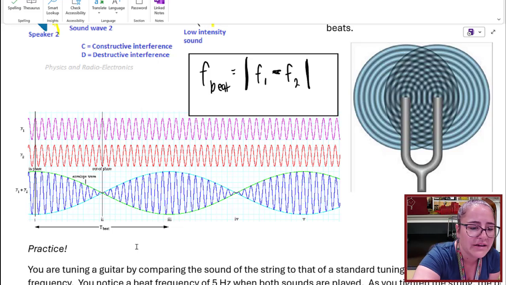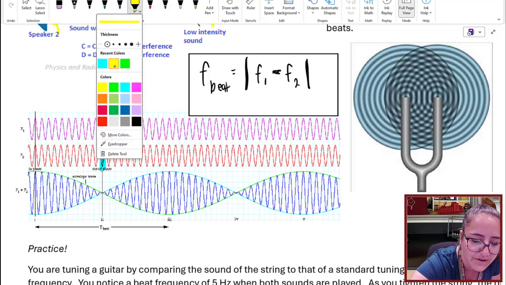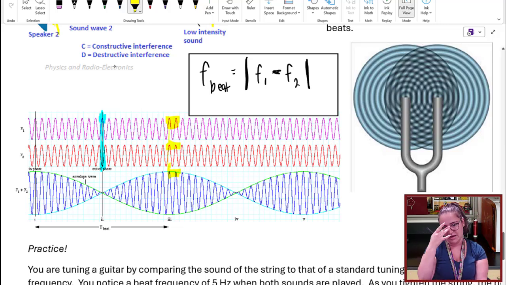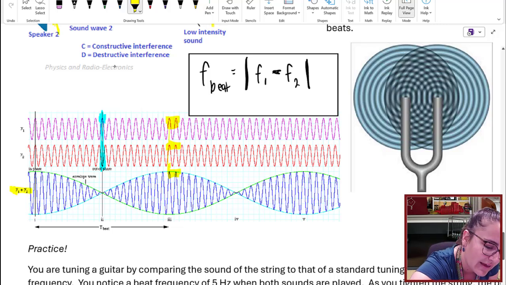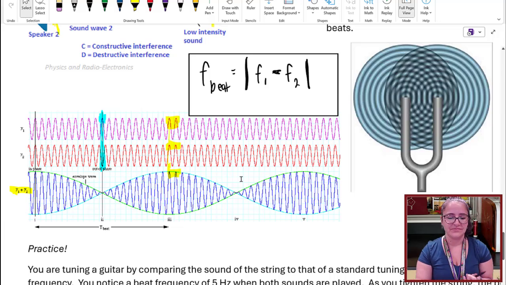But here you can see, again, those places where it's completely out of phase, where you have a crest on one wave meeting a trough on another wave, and then places where it's completely in phase, where you're getting a crest on one meeting the crest on the other and getting that higher amplitude wave where the amplitudes will add. And the waves in general will add.